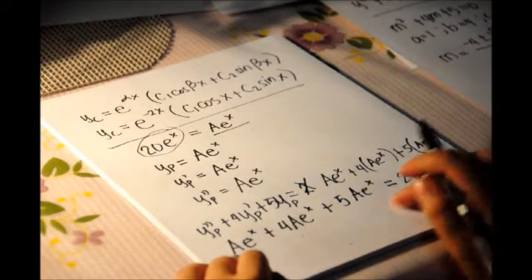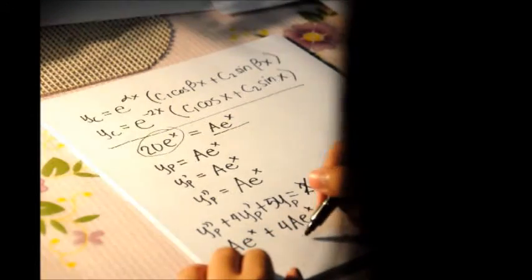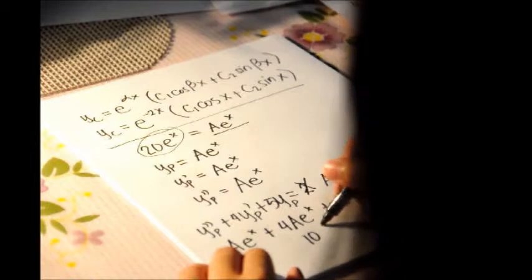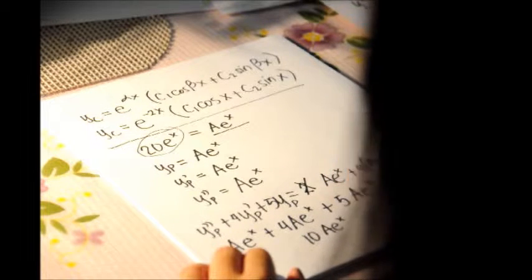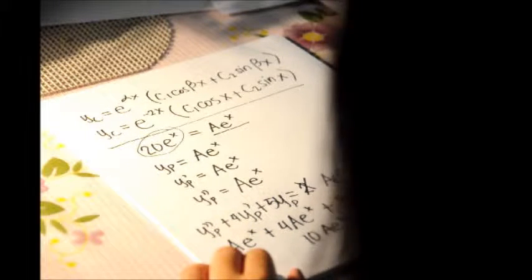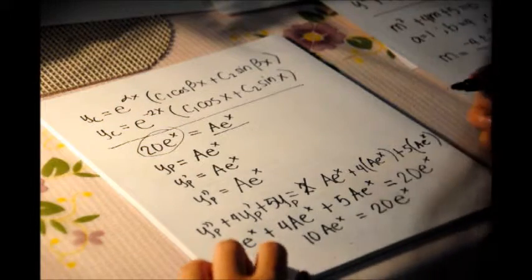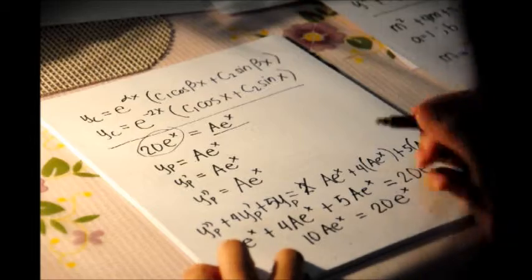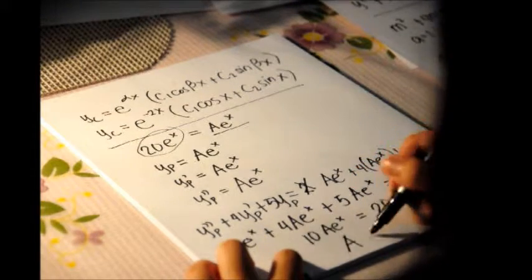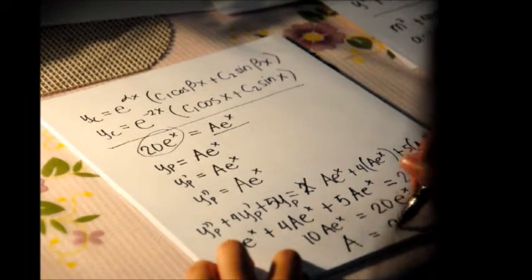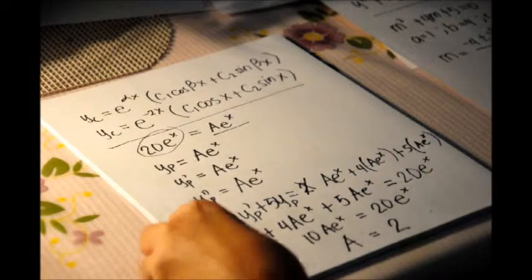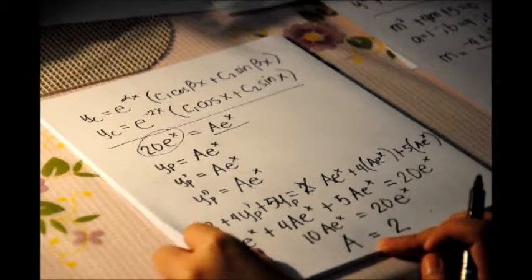So on the left side we have 10a e to the x is equal to 20 e to the x. From here we could conclude that a is equal to 2. So we have now the value of a.